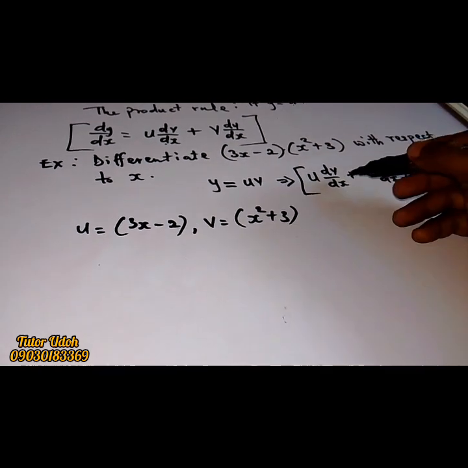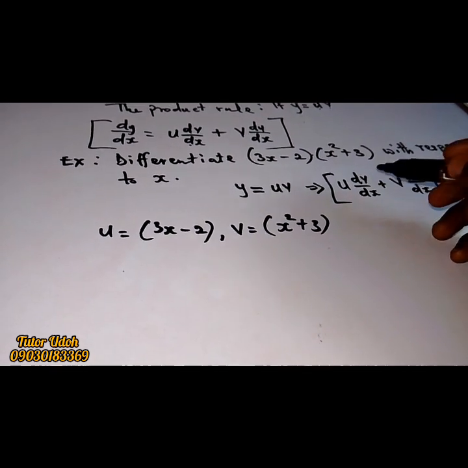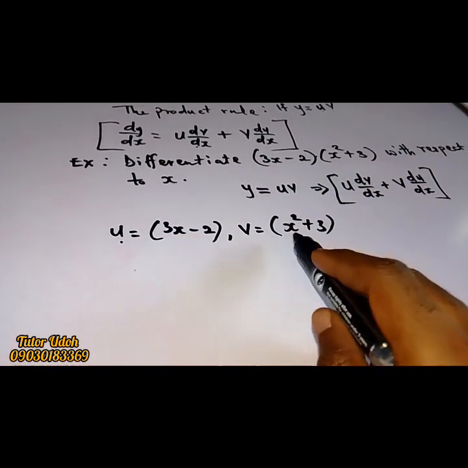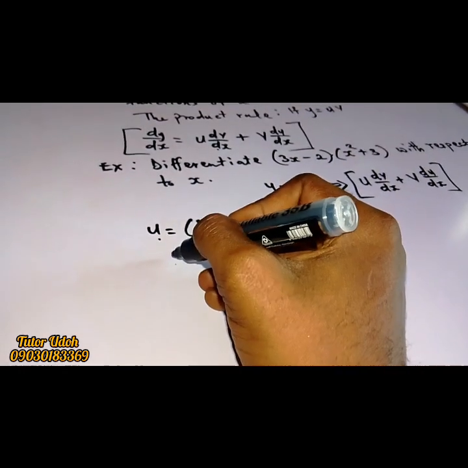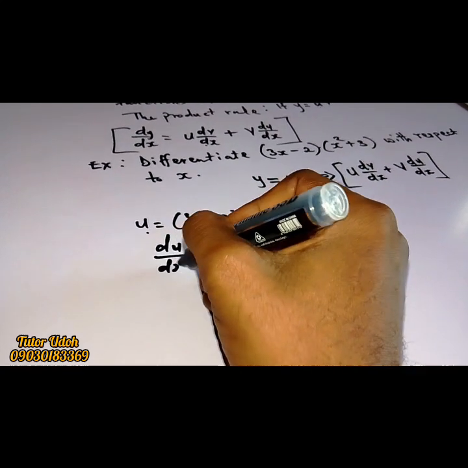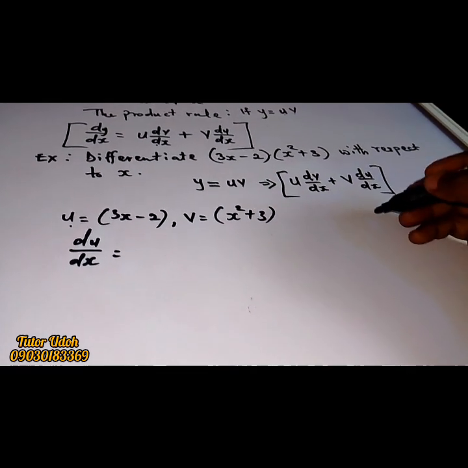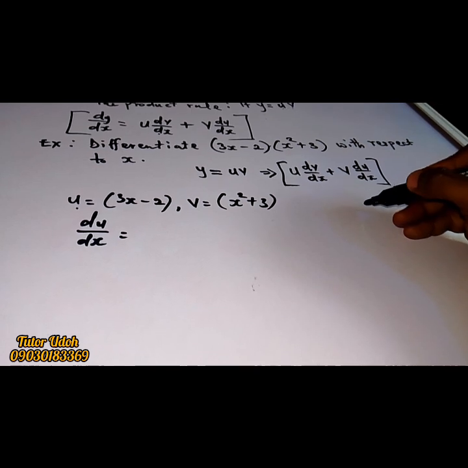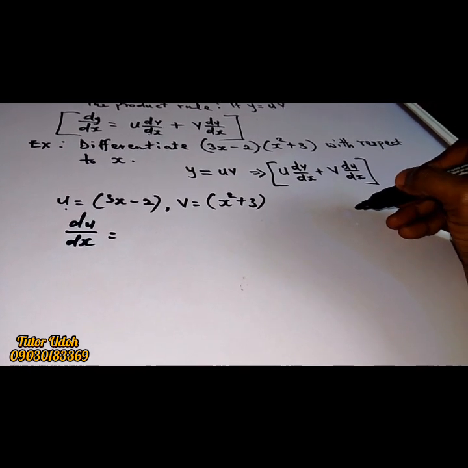So now we apply this product rule. Before we apply the product rule, let us find the derivative of u and the derivative of v. So the derivative of u is going to be du/dx, which is equal to, so now using the general derivative rule, it is as simple as this.